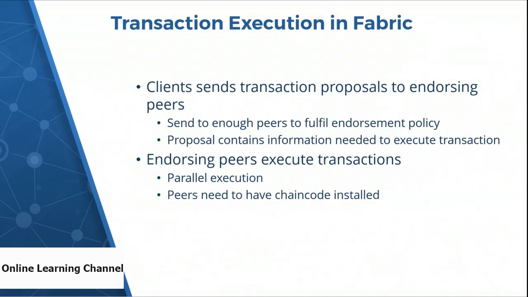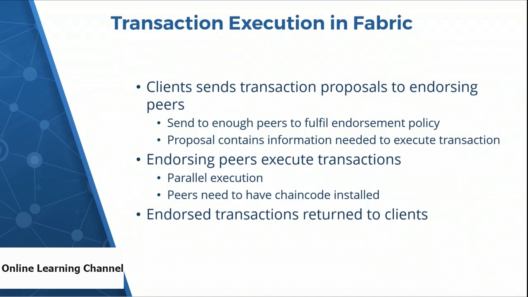Once that is satisfied though, the peer will execute the transaction and will then attach their endorsement to it. And those endorsed transactions are then returned to the clients which originated them in the first place. And this concludes the execute phase of a transaction's lifecycle on Hyperledger Fabric. The client application can then take those endorsed transactions and then pass them on to the ordering service.